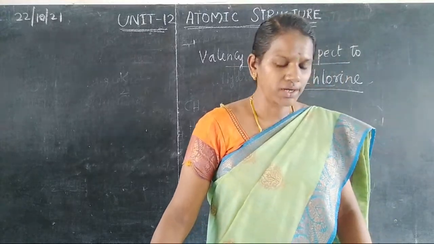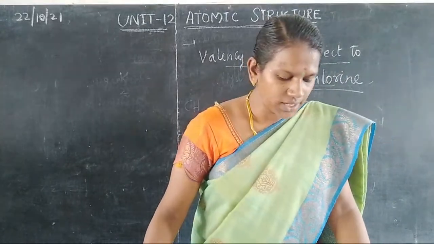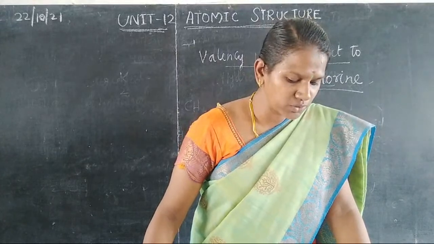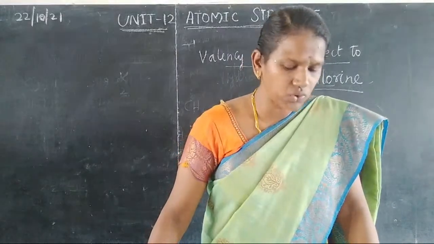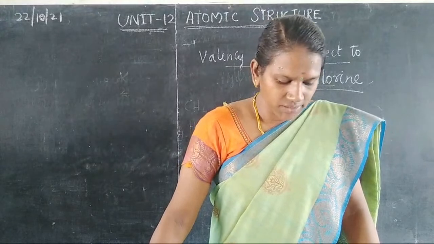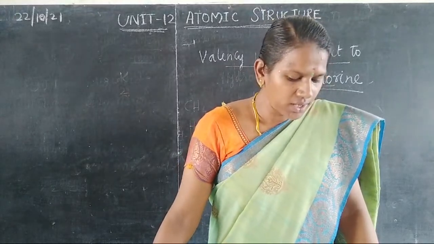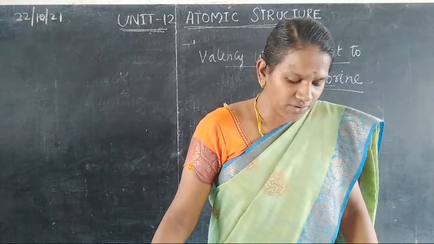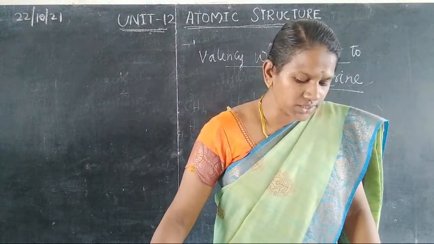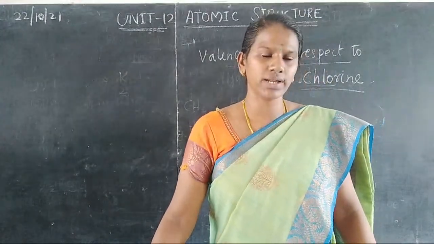In sodium chloride, NaCl, one chlorine atom combines with one sodium atom. So the valency of sodium is 1. But in magnesium chloride, MgCl2, the valency of magnesium is 2 because it combines with 2 chlorine atoms.